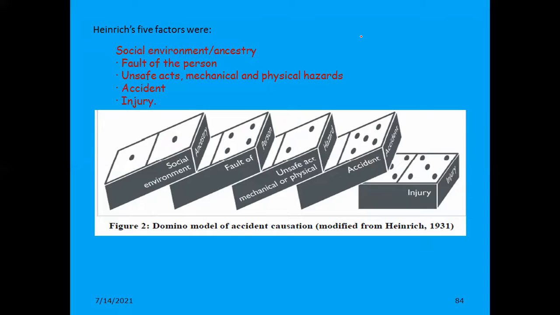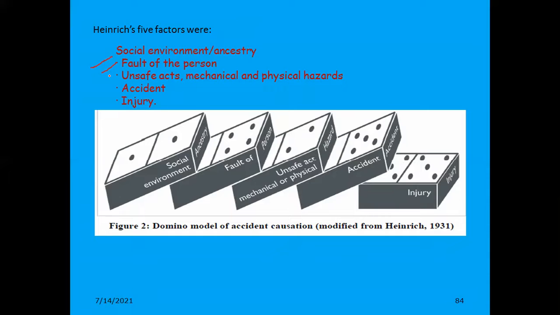Next, Hendrick's 5 factors. Hendrick was a safety pioneer and he describes the 5 factors. The first one is environmental safety, or social environment. The second one is the fault of a person, the person who made the injury or the problem.